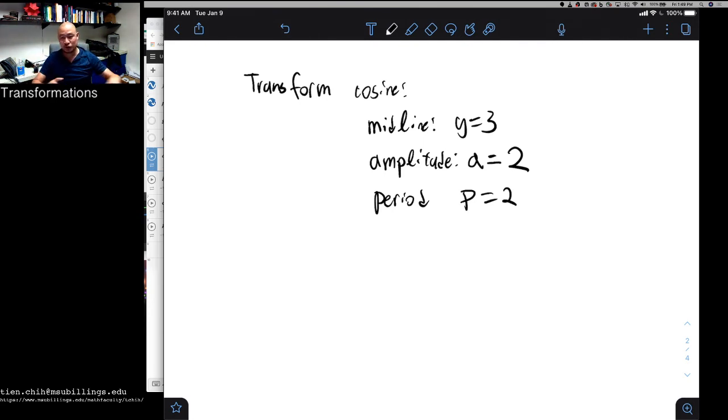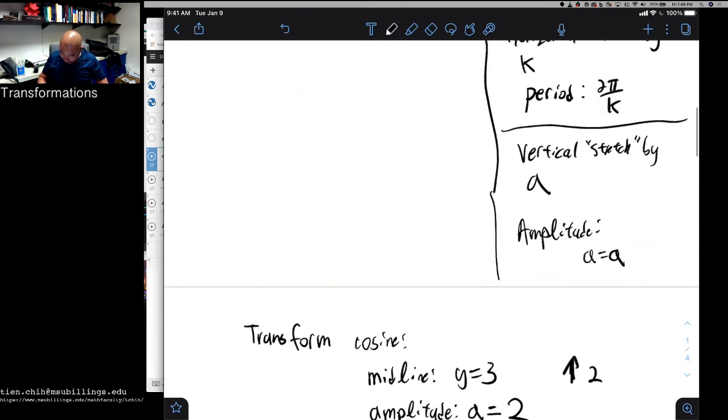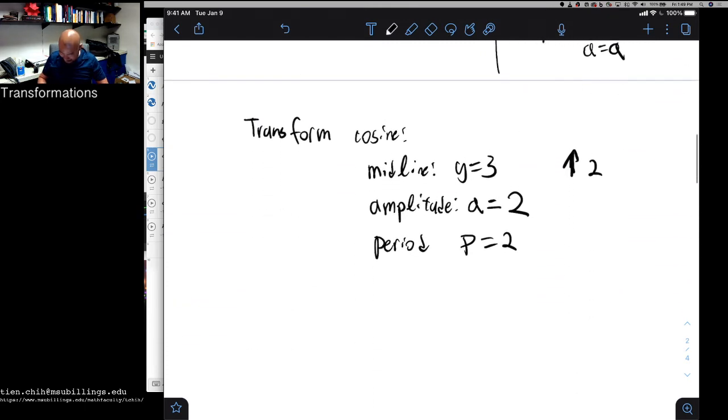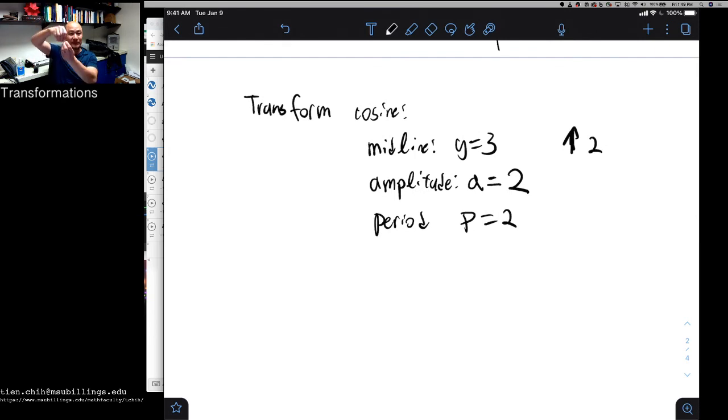So we need to shift up by 3 units. Sorry, I don't know why I said 2; we're moving up by 3. And for an amplitude of 2, what we found before is that the amplitude is how far up and down you stretch.